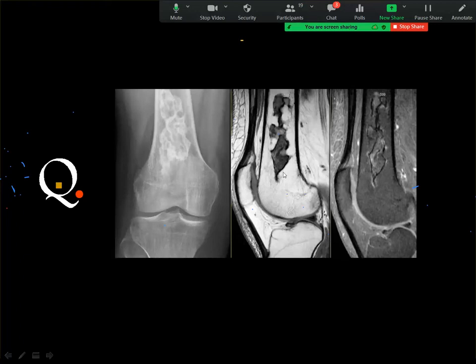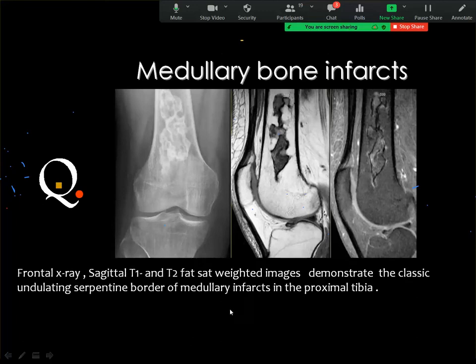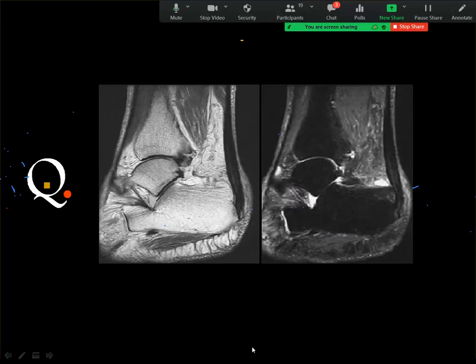In the T1, you got low signal. In the T2, you got some high signal with a line of dark signal outlining the lesion. This is a classic appearance of medullary bone infarct, and sometimes, and I have seen reports misinterpreting this as lymphoma and metastasis. This is absolutely wrong. Next case.